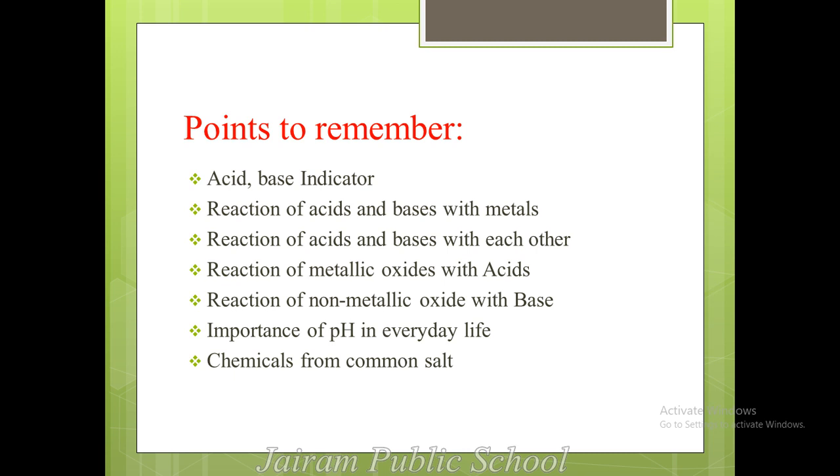Litmus, which is prepared from lichens, and we can also prepare indicators from cabbage and turmeric. These are available in nature, whereas acid base indicators are available in the laboratory, that is, man-made indicators.